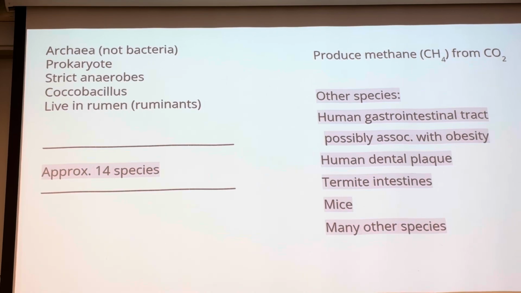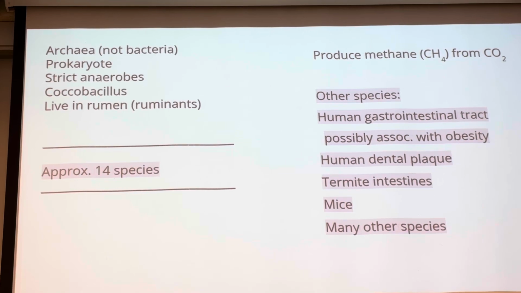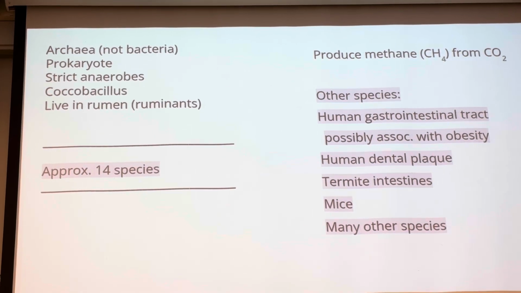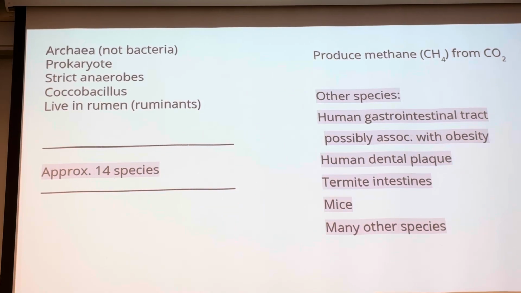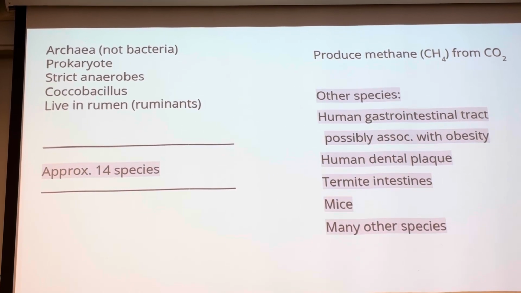Okay, so these are strict anaerobes. They're coccobacillus and live in the rumen of ruminants. Ruminants are animals that have a rumen, usually grazers. They produce methane from CO2, and researchers are looking at the association of archaea with obesity, maybe dental plaque, maybe these different things that we're not 100% sure about, maybe in mice and other species, but we don't know.